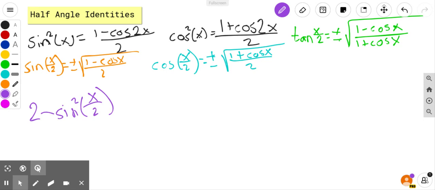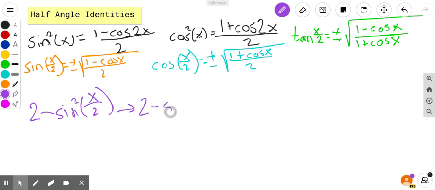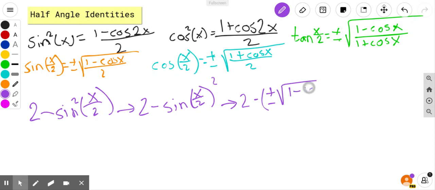So I'm going to approach this problem by thinking about this as 2 minus a sine of x divided by 2, squared. So that means I have 2 minus plus or minus radical 1 minus cosine of x.